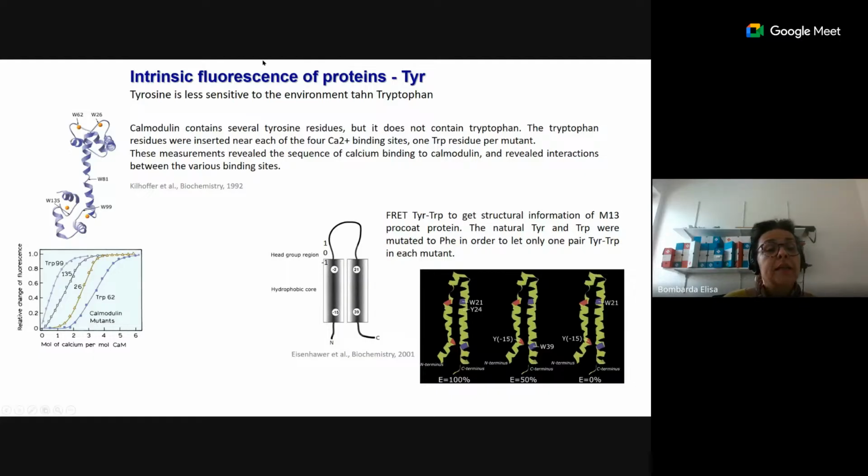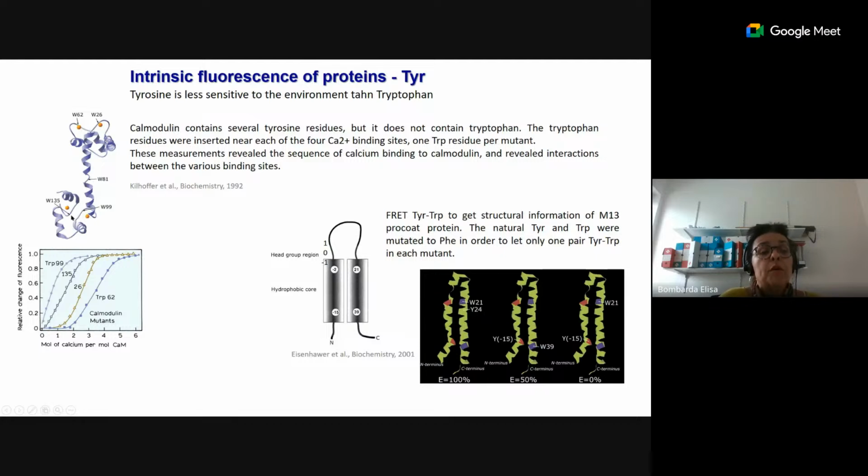That, for example, was done in the molecule called calmodulin, which binds calcium and doesn't contain tryptophan, but has several tyrosines. Each tyrosine, one by one, was changed into a tryptophan, and this mutation allowed the study of calcium binding.